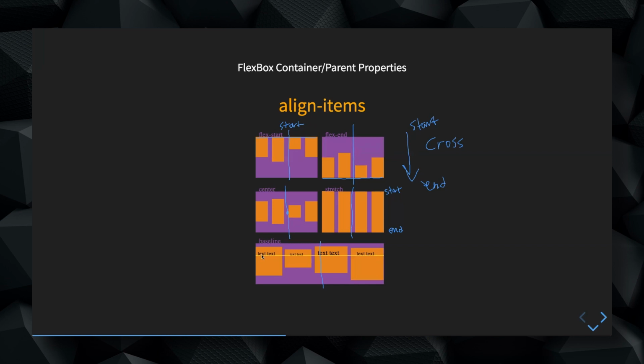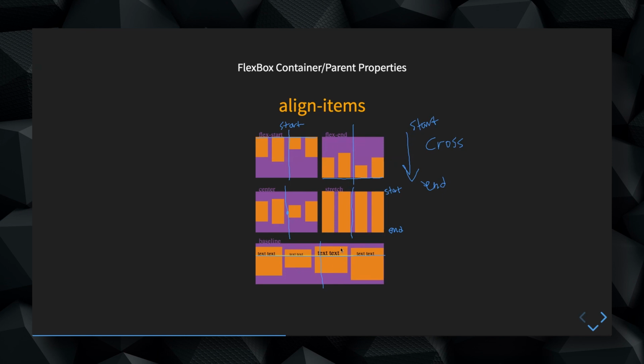But if we use align items baseline, it will create a line like this, and it will place all the items according to the baseline of each text. This is something that we rarely see out there, but it's useful. And it's also a little bit more complicated than the other align items values.